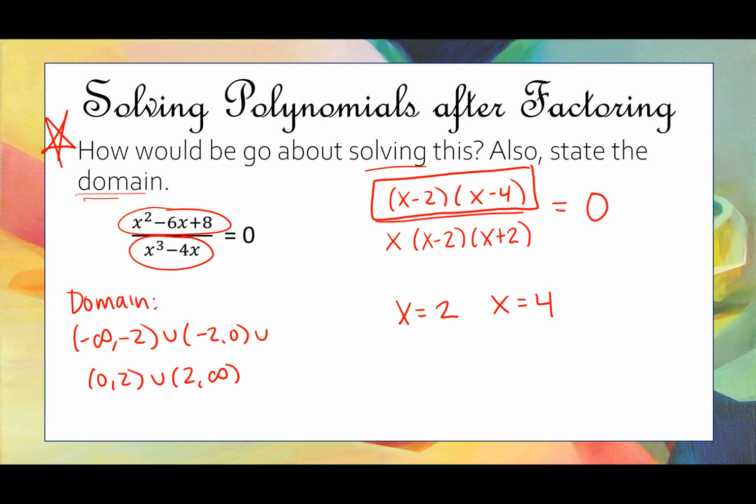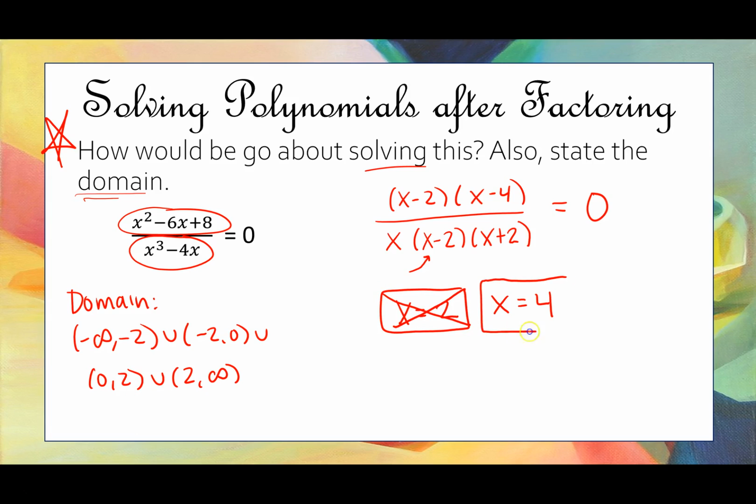Okay, remember, looking back at our denominator, we could not have a positive 2. See right here, we cannot have a positive 2. So this answer is not in our domain, so it is not a solution. We did not have an issue with 4, and so x equals 4 is going to be the answer to this problem.